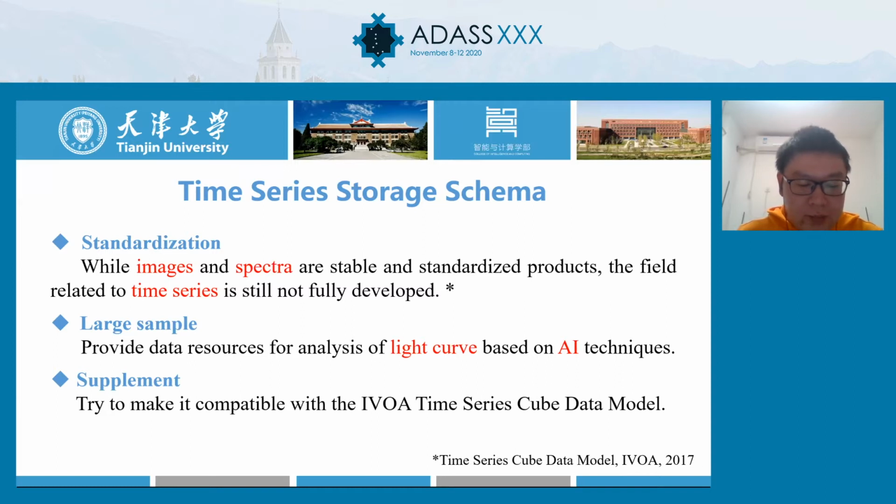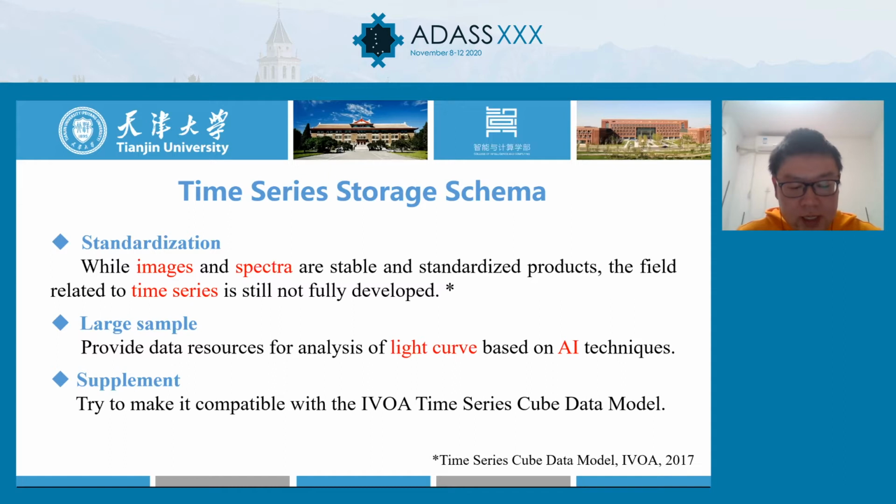A recommended unified light curve release standard needs to be proposed for analysis of time series data based on AI techniques. We focus on the challenges in time series metadata structure, storage schemas, strategy, and formats of exposition.